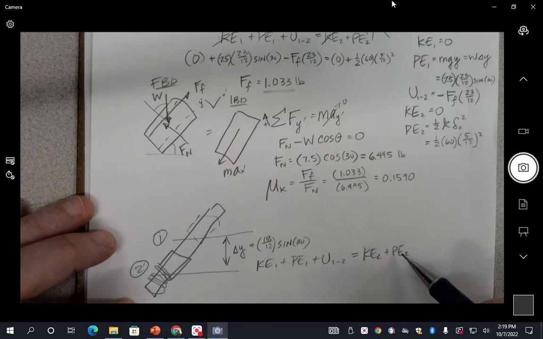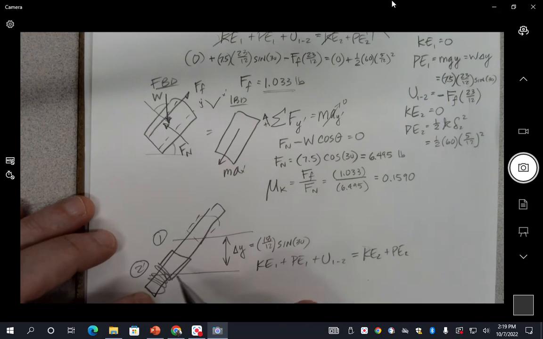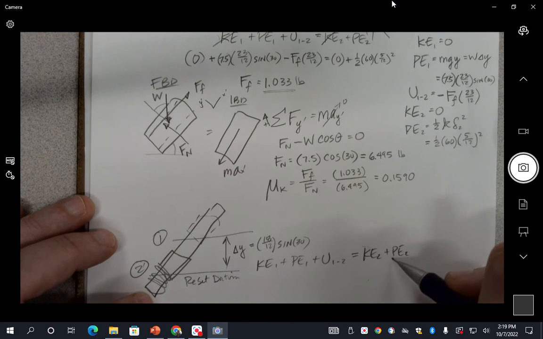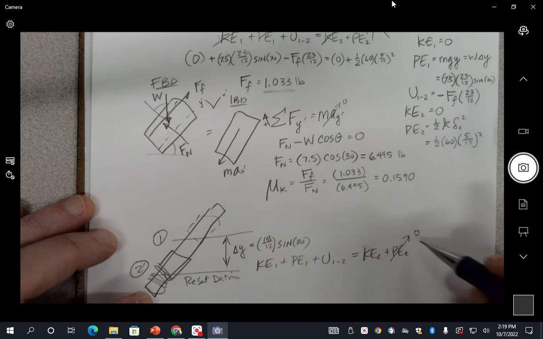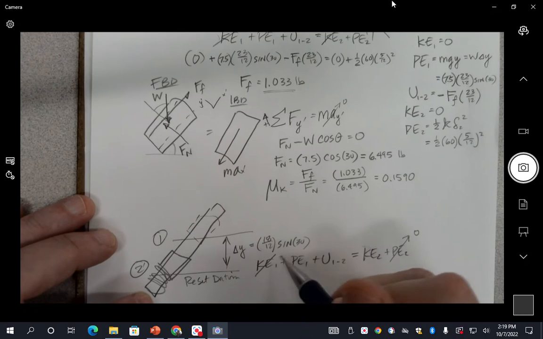Because we're going to reset our datum, that's going to be 0. This is still going to be 0. And this is going to be a new value, and this is going to be a slightly new value.